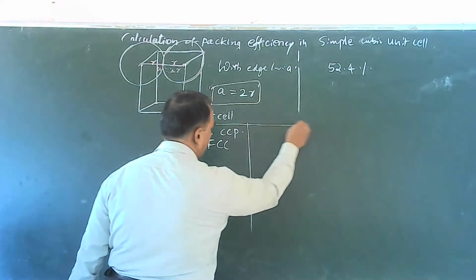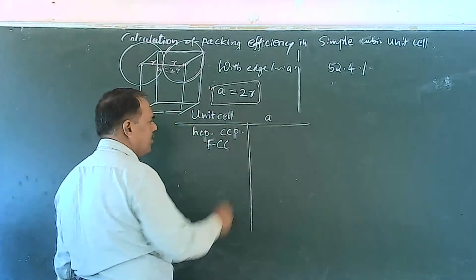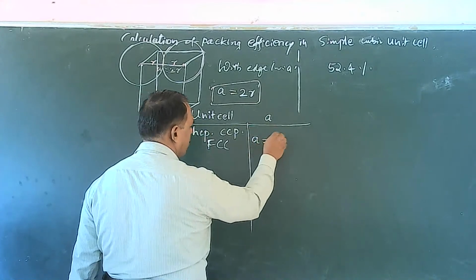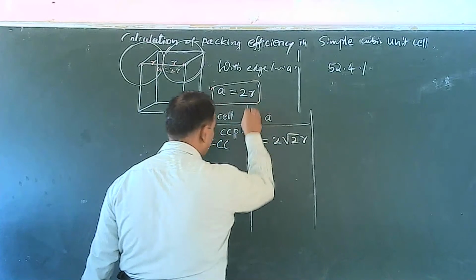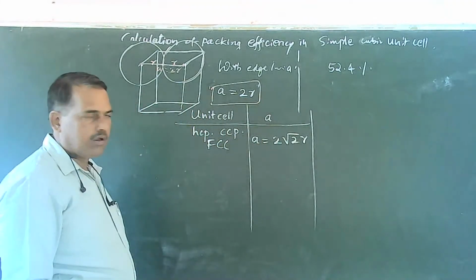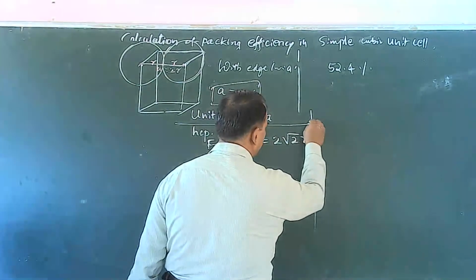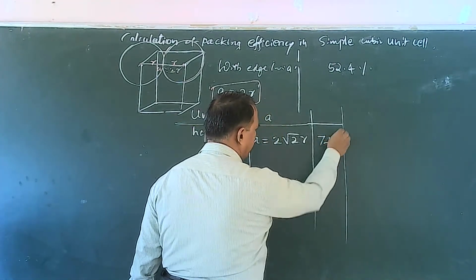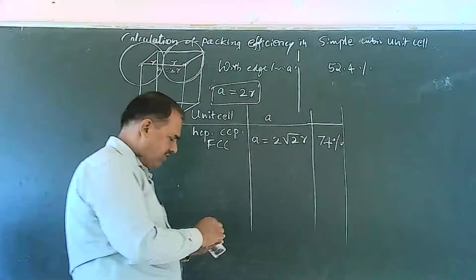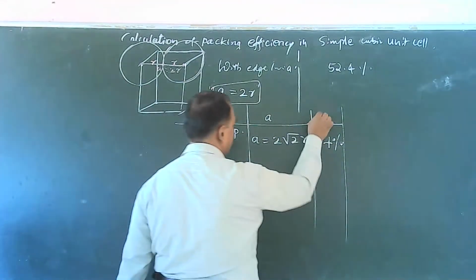So this is the type of unit cell. So what is the value of A? Actually, we got A is equal to 2 into root 2R, A is equal to root 2R. Are you clear? And what is the value of percentage we got? It is nothing but 74%. That is the packing efficiency.